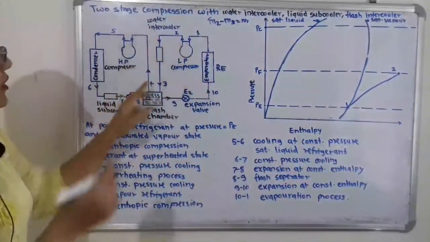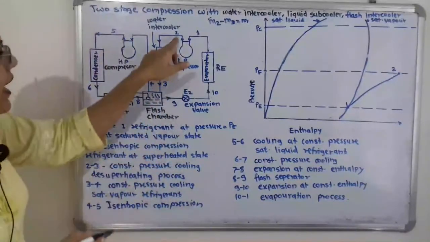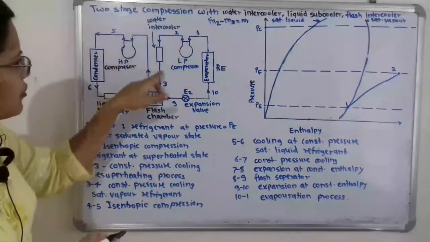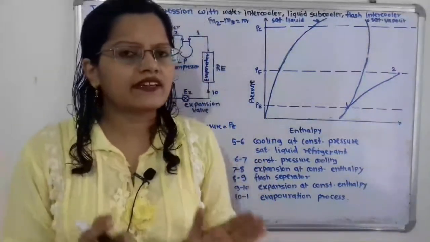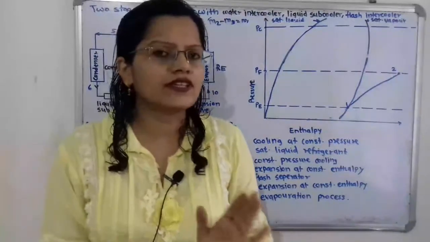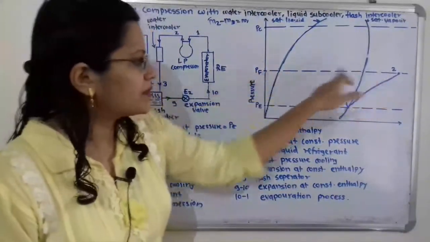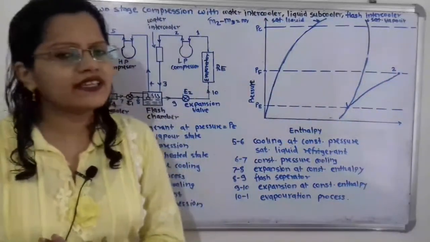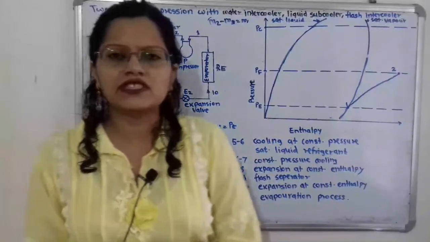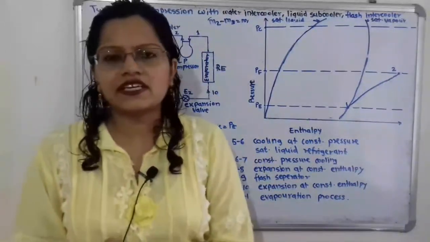This is the water intercooler, and the refrigerant is passing through this water intercooler and the cooling process is taking place at constant pressure. What is the meaning of constant pressure? That is pressure PF. At pressure PF the cooling process is taking place. When the cooling process is taking place, the enthalpy and its temperature are getting decreased.